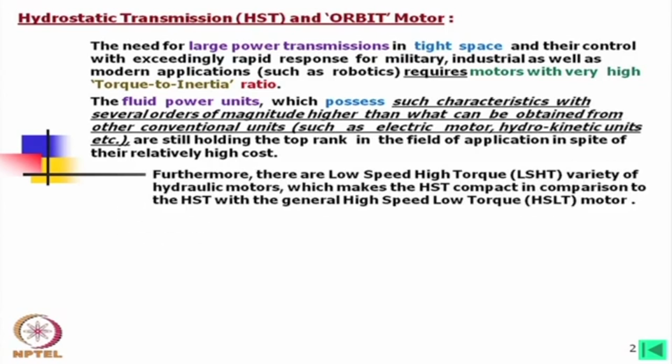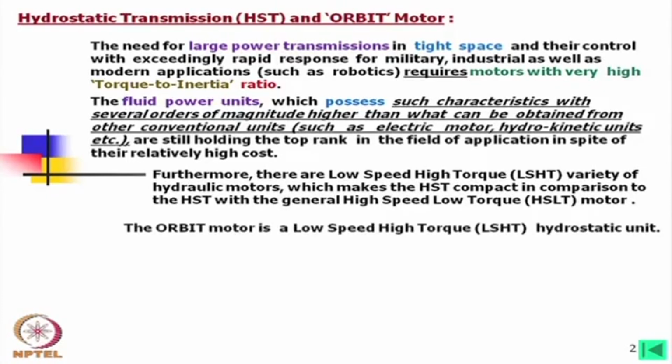Furthermore, there are low speed high torque varieties of hydraulic motors, which make the HST very compact in comparison to the HST with the general high speed low torque, HSLT, motor. The orbit motor is a low speed high torque hydrostatic unit.